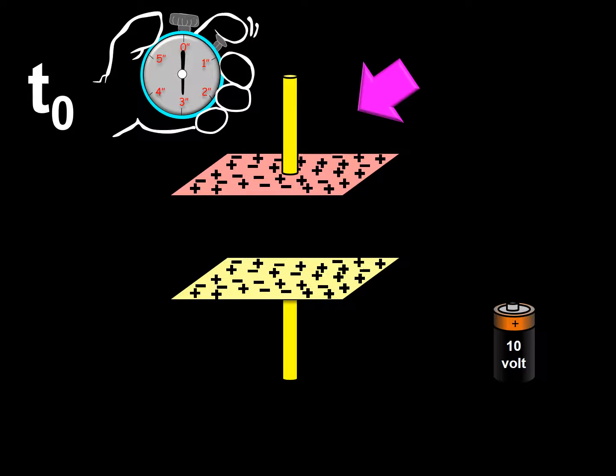In this frame, I have represented a capacitor not connected to a power source and a battery. At this time, the battery has a potential difference of 10 volts between the cathode and the anode. No potential difference is present between the upper and the lower plate of the capacitor. I have labeled this as time zero.